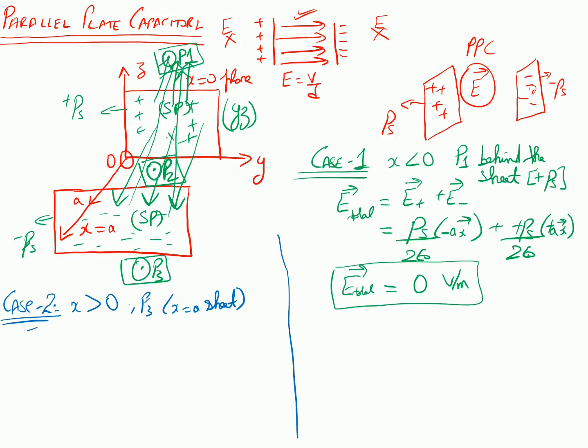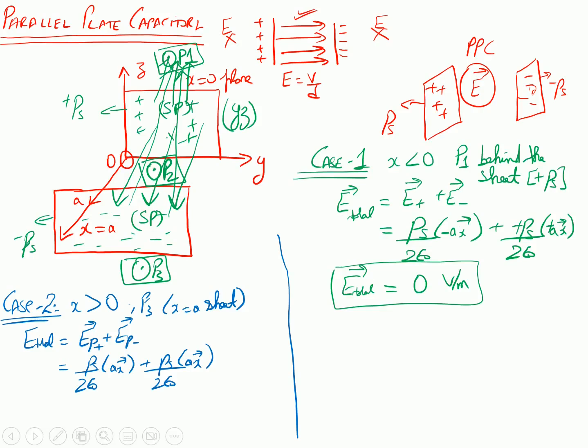Now again we want to find the total electric field, which is the sum of the positive electric field and negative electric field. So it is going to be rho of s over 2 epsilon. The equation will be the same, a of x plus rho of s over 2 epsilon, and then the unit normal vector is a of x. Now what is the value for a of x?